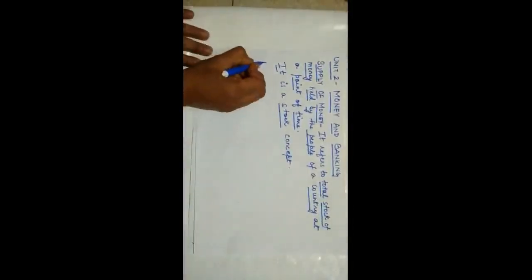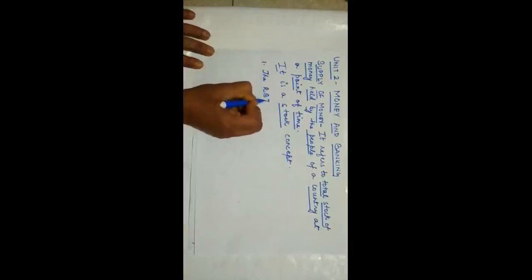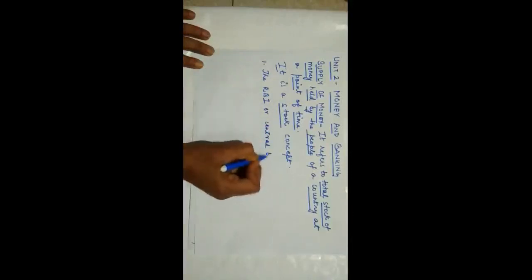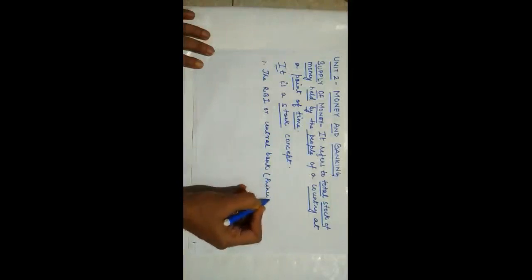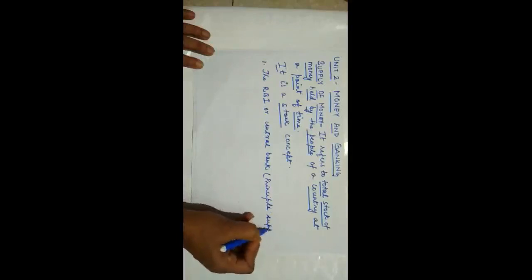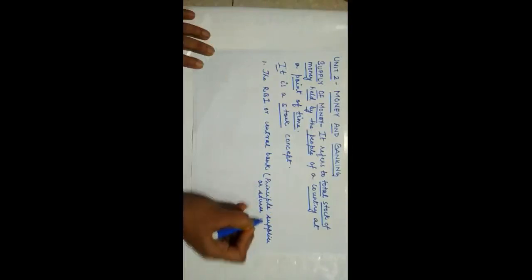We'll say the first one is the RBI or the central bank. It is the most important supplier of money. Okay, so the most important or principal supplier, or source of money supply.